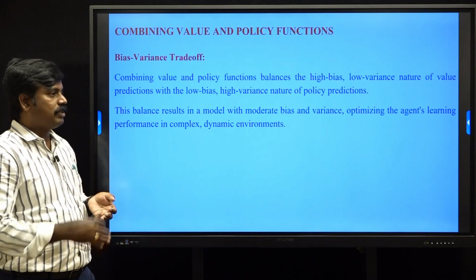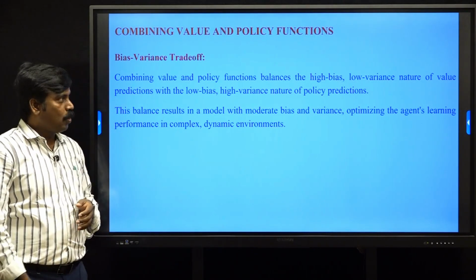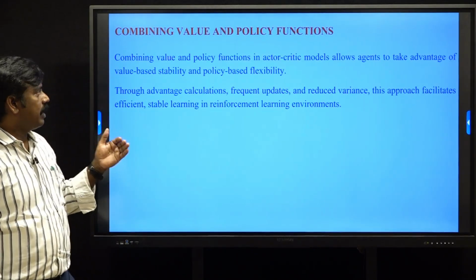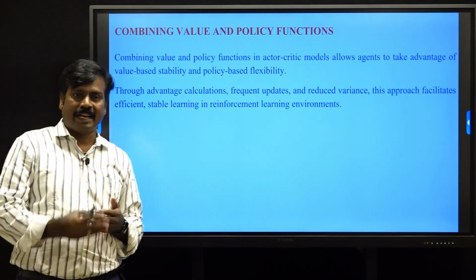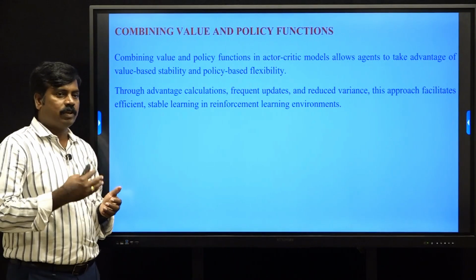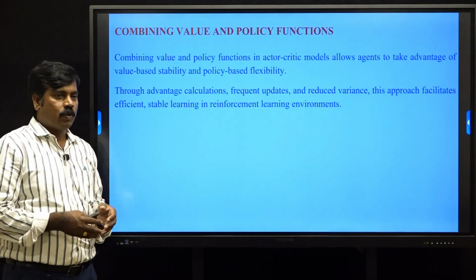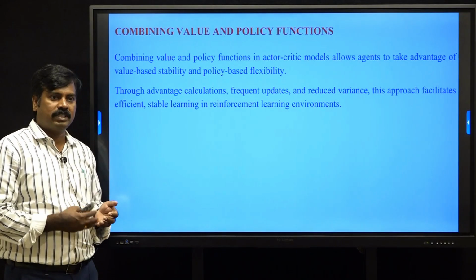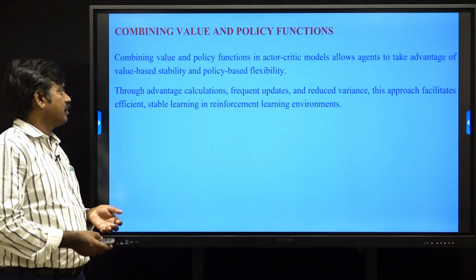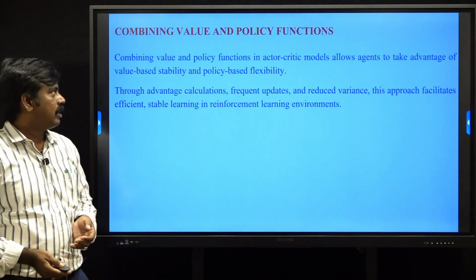In order to balance the bias and variance, we stabilize the learning, and this stabilized learning improves the performance of the models. This is how combining the value and policy functions solves complex problems in reinforcement learning. Thank you.